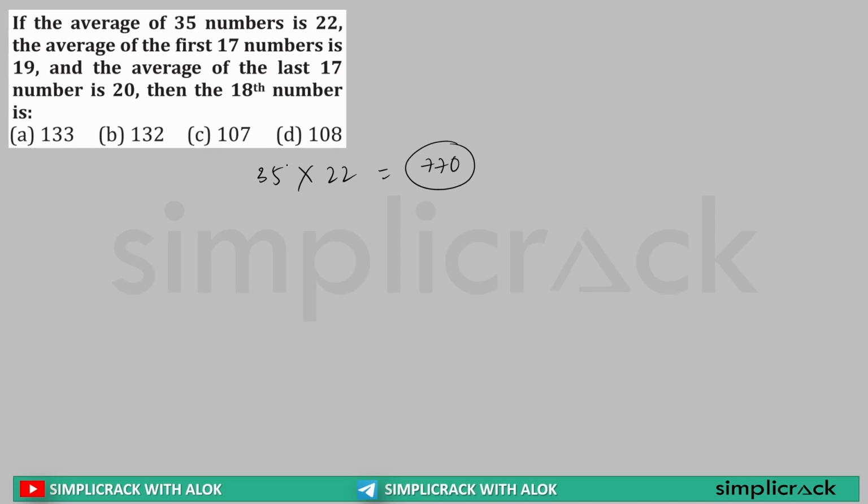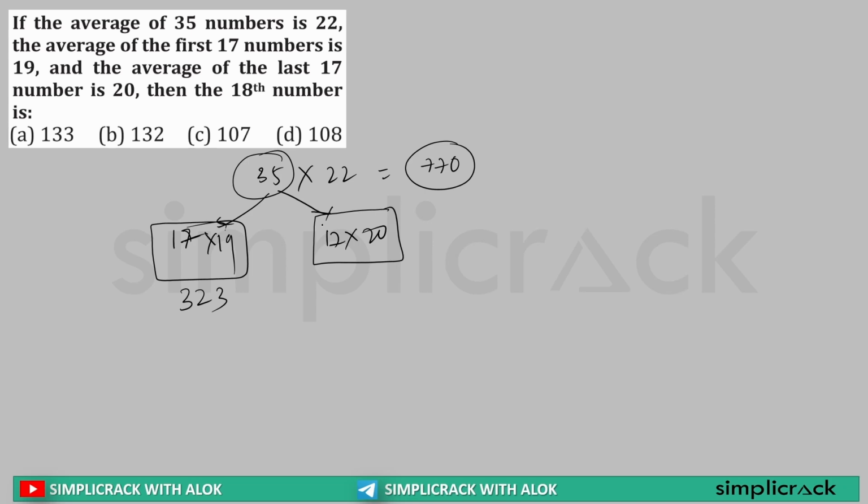Sir, what is it saying? Out of these 35 numbers, the first 17 numbers' average is what, sir? 19. The last 17 numbers' average is what, sir? 20. So the total value of the first 17 numbers is what, sir? 323. Yes or no? Sir, the total value of the last 17 numbers is what, sir? 340. 17 into 20 is 340, 17 into 19 is equal to 323. Now understand this.